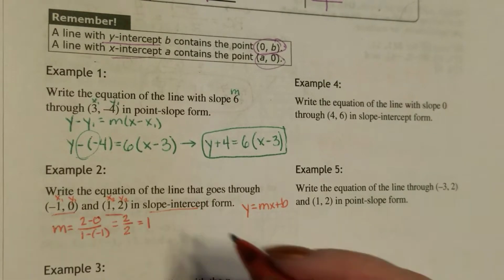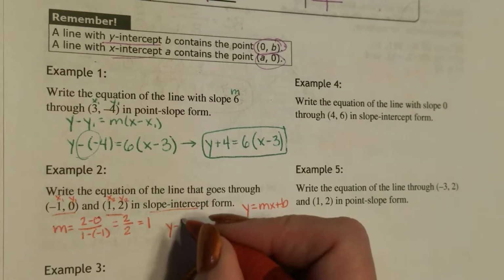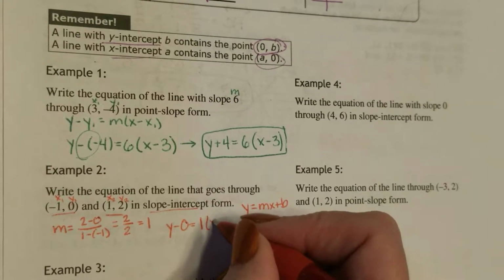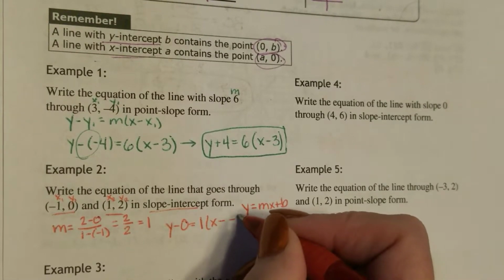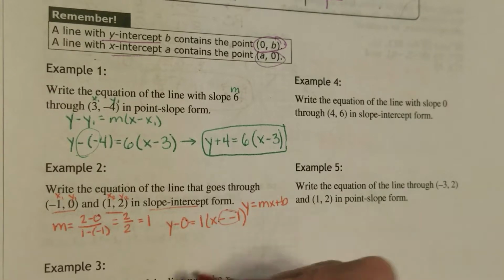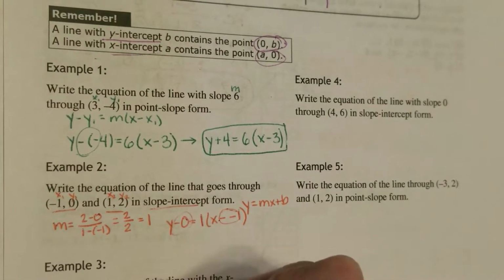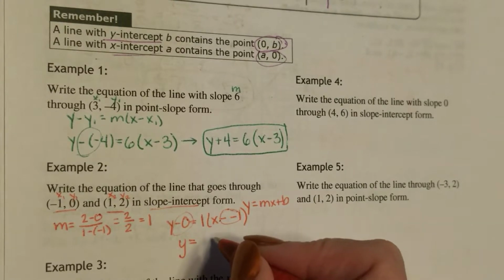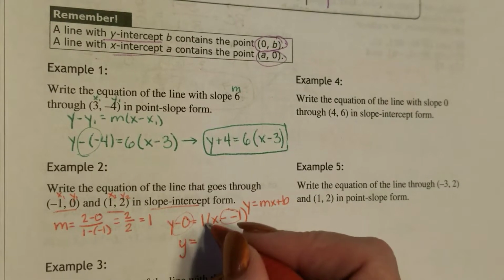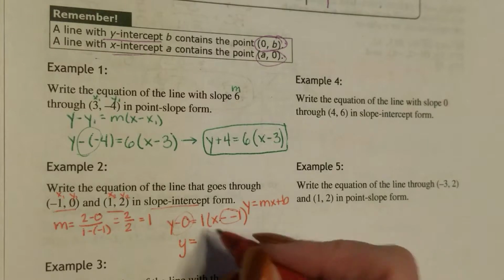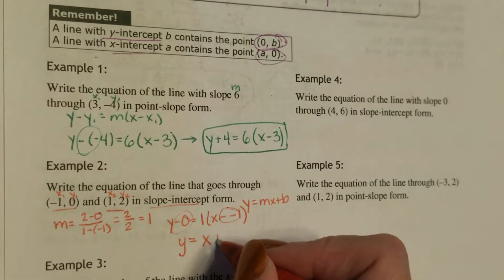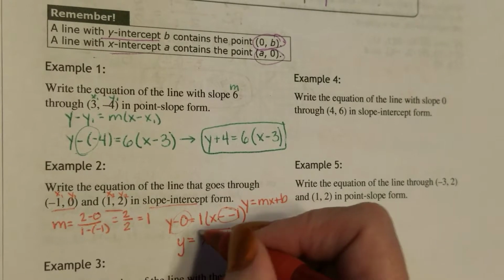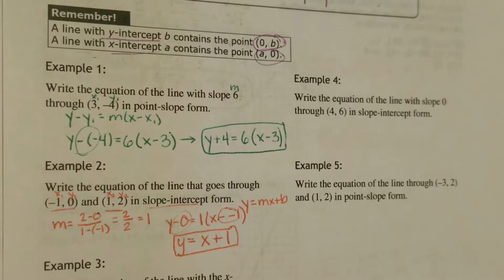I like this one. So I'm going to do y minus 0 is equal to m, which is 1, times x minus a negative 1. I'm going to simplify this, and I'm going to simplify that. Anything minus 0 is itself. And I don't have to write that 1 times anything is itself. So y equals x plus 1, because when you subtract a negative, it's the same as adding a positive.